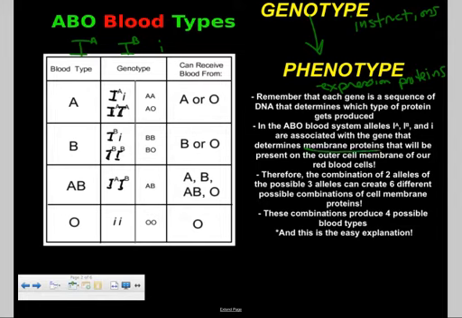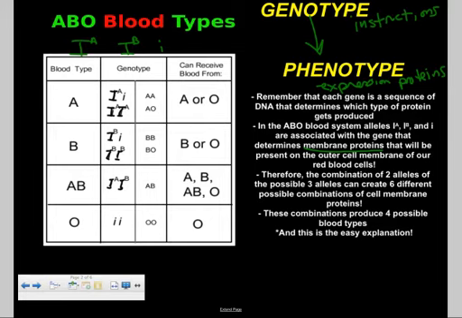So this I gene is determining which membrane proteins will exist on our red blood cells. In the ABO blood system, IA, IB, and lowercase i are 3 alleles for that gene, okay?